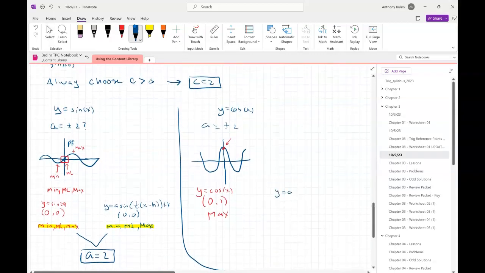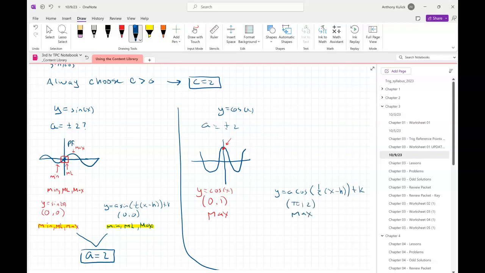So in our transformed function, (pi, 2) is a maximum. So because I'm going maximum to maximum, that tells me that the a is positive.